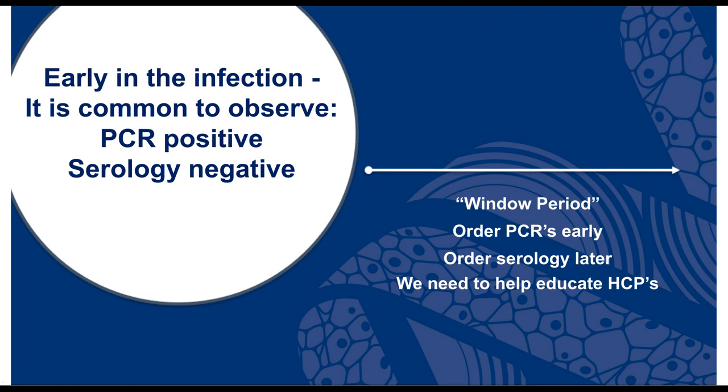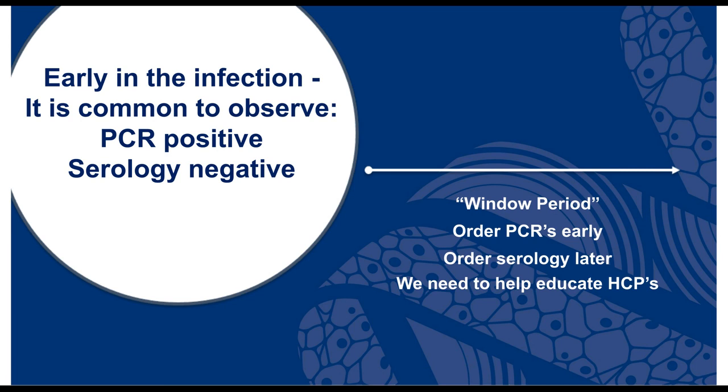The term window period refers to a period of time where a patient is infected, frequently symptomatic. The organism is able to be demonstrated, but there is no serologic response at that time because it takes 2 or 3 weeks to develop a detectable immune response and a positive serology.